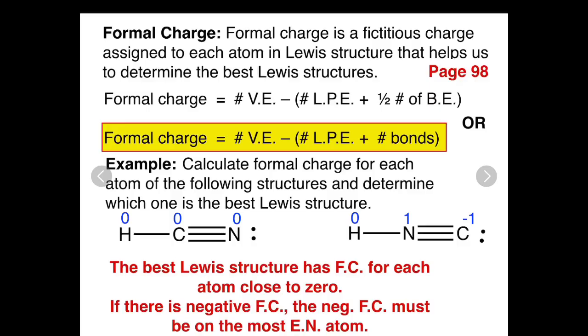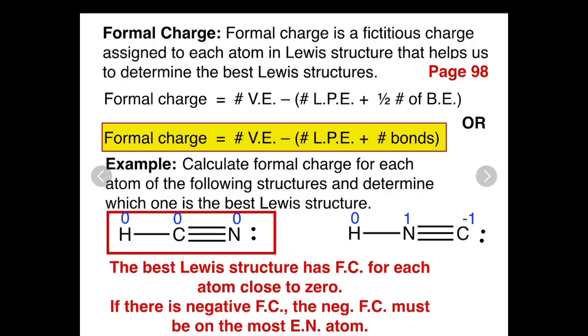If you think about it, a higher electronegativity value means a higher ability to withdraw electrons. So it makes more sense to have the negative charge on the atom with the higher electronegativity value, right? So if you're looking at this, the first one would fall into the first criterion. So in this case, the first structure would be the best Lewis structure.